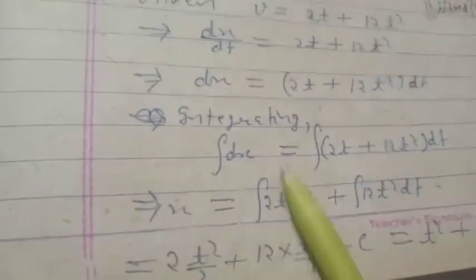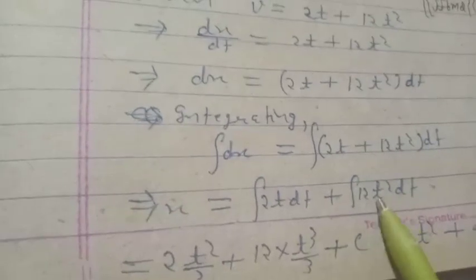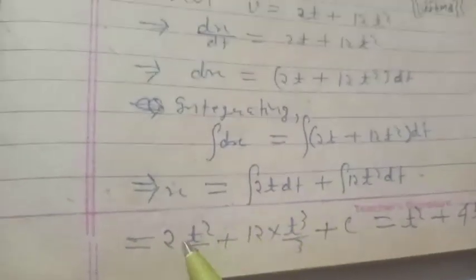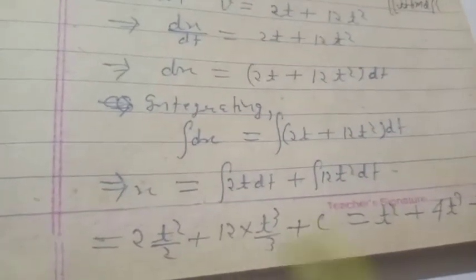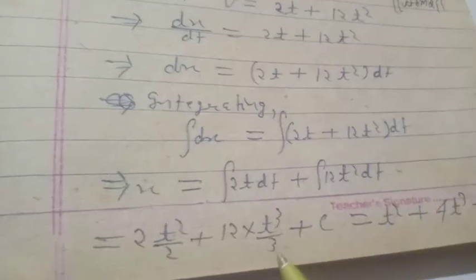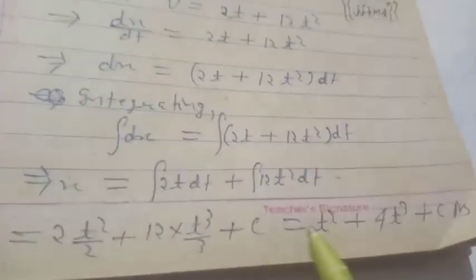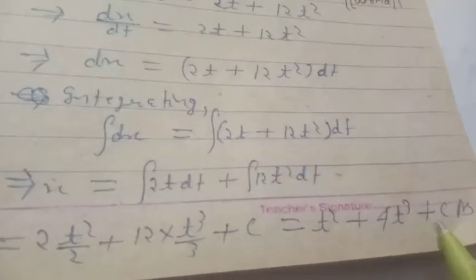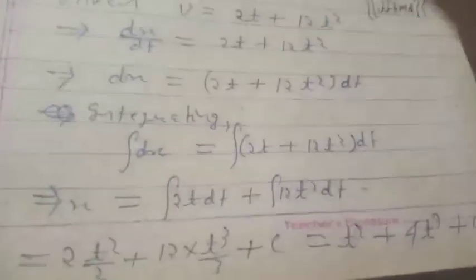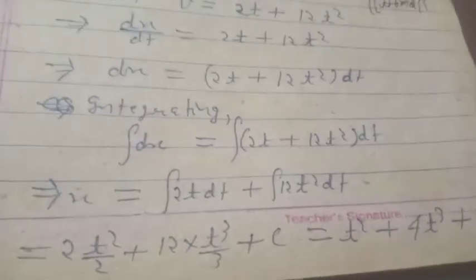This implies x equals integration 2t dt plus integration 12t square dt, which equals 2 into integration of t dt, that is t square by 2, plus 12 into integration t square dt, that is t cube by 3, plus c. So x equals t square plus 4t cube plus c. Answer. There is no need to write an integral constant here.